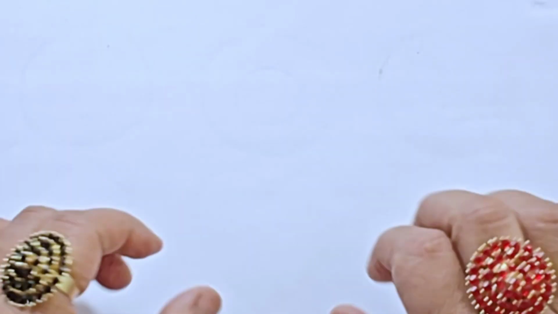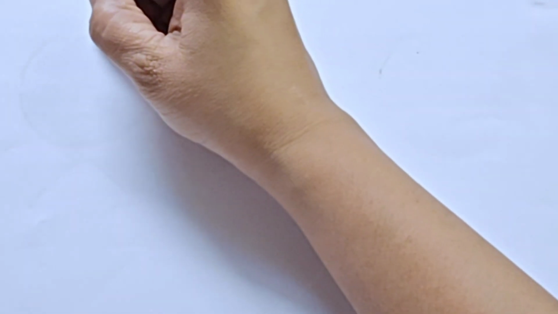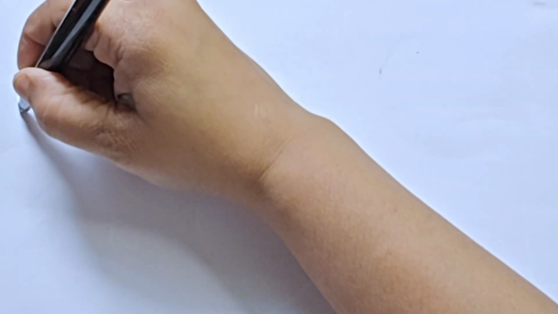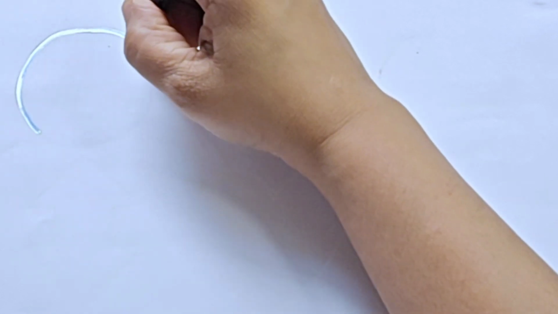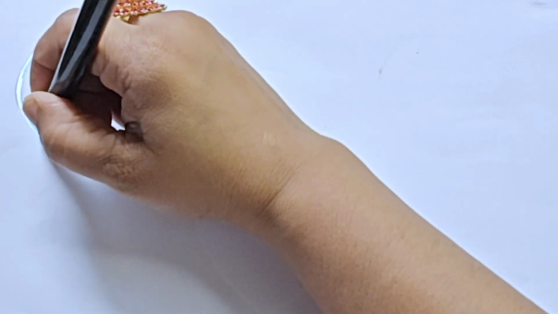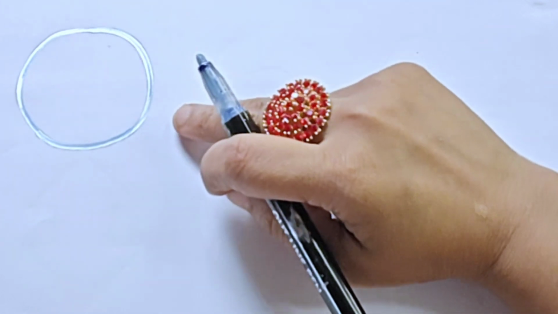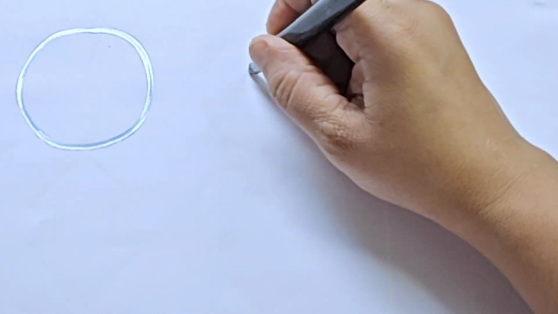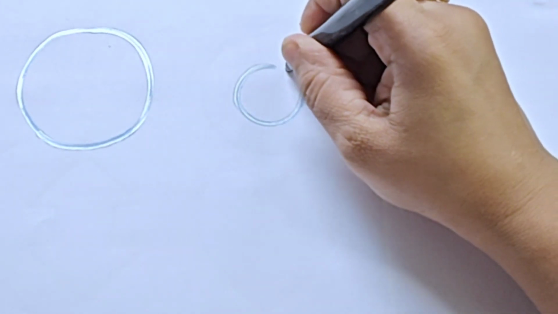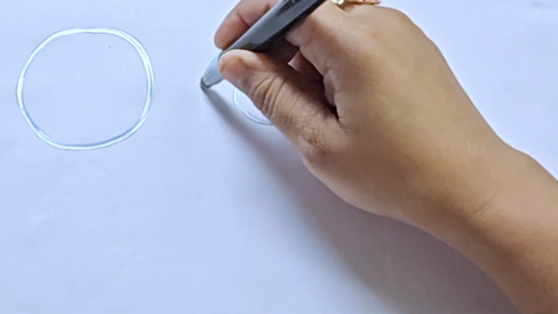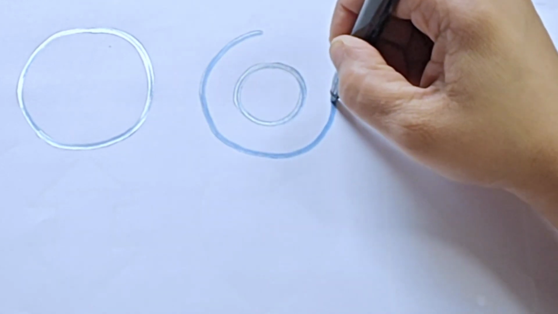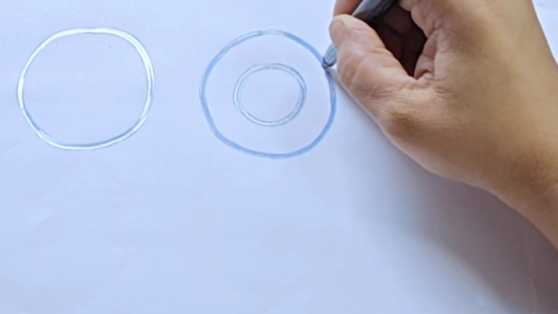Hello kids. Let's learn some 2D shapes. This is blue color. It is circle. It is hollow circle.